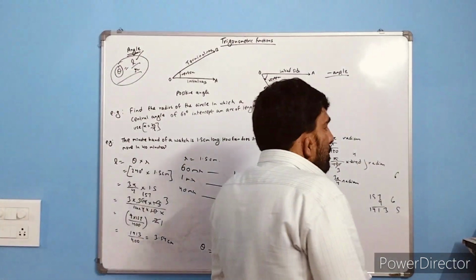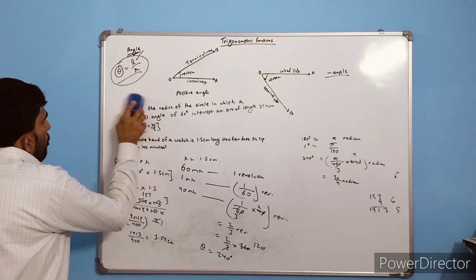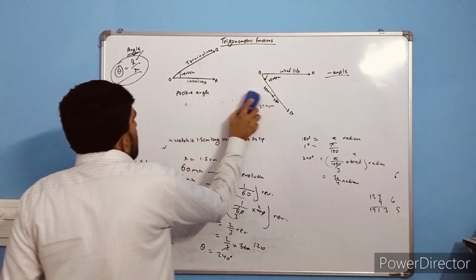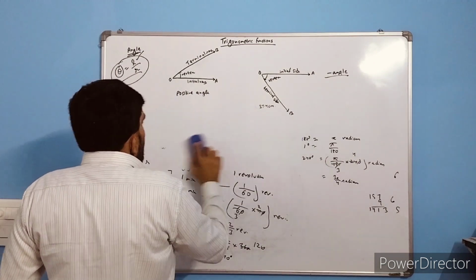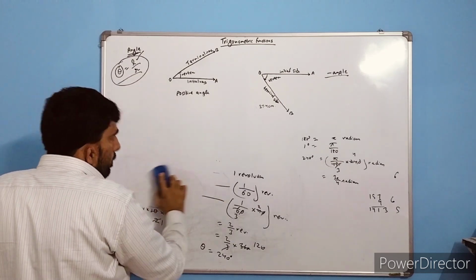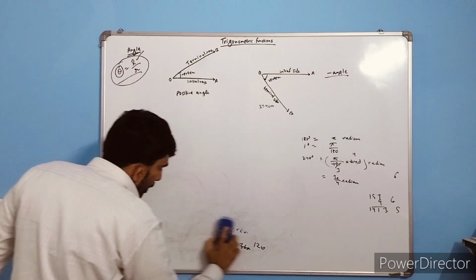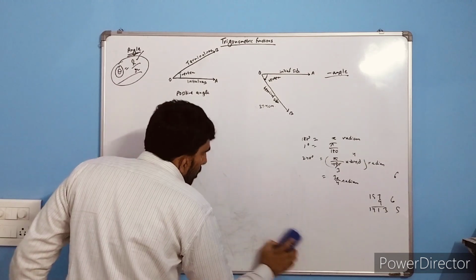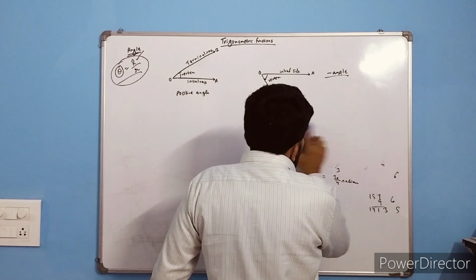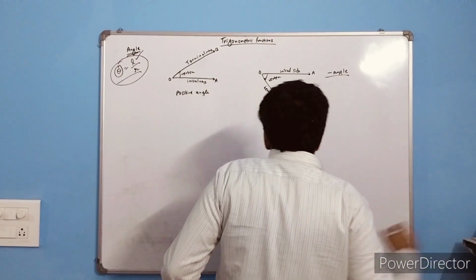Okay, now I have one more, more interesting example regarding this. Then we'll move to the next topic. We'll make this chapter more interesting, as this chapter is very interesting, for present purpose and for future purpose also. Now I have two arcs.